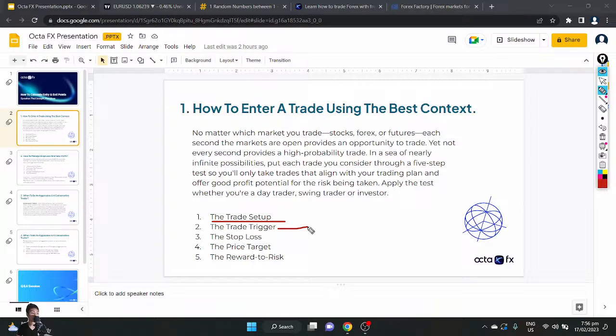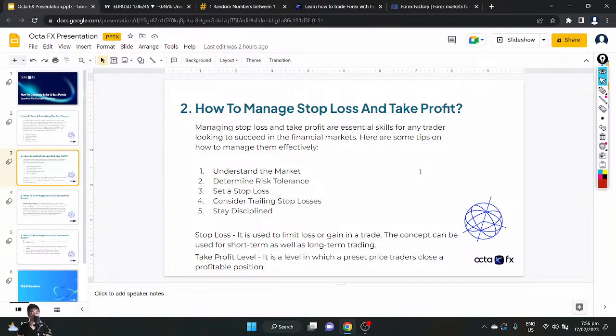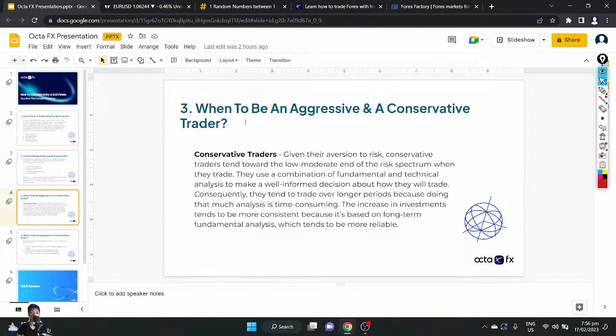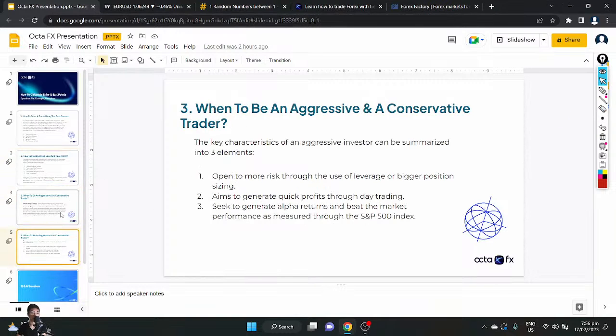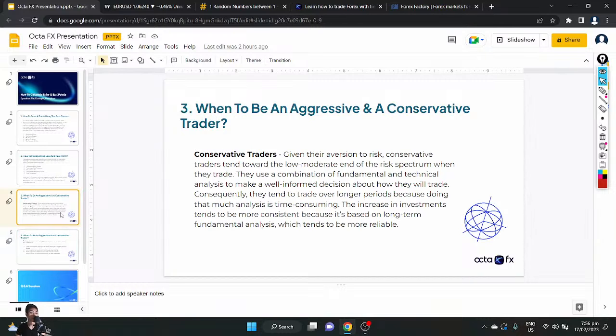And then a trade trigger, which is a breakout or a pullback, and then put a stop loss, then your target and your risk to reward ratio. We also learned about risk management, your risk tolerance, as well as the trailing stop loss strategy. And we also learned how conservative and aggressive traders are opening their trades.